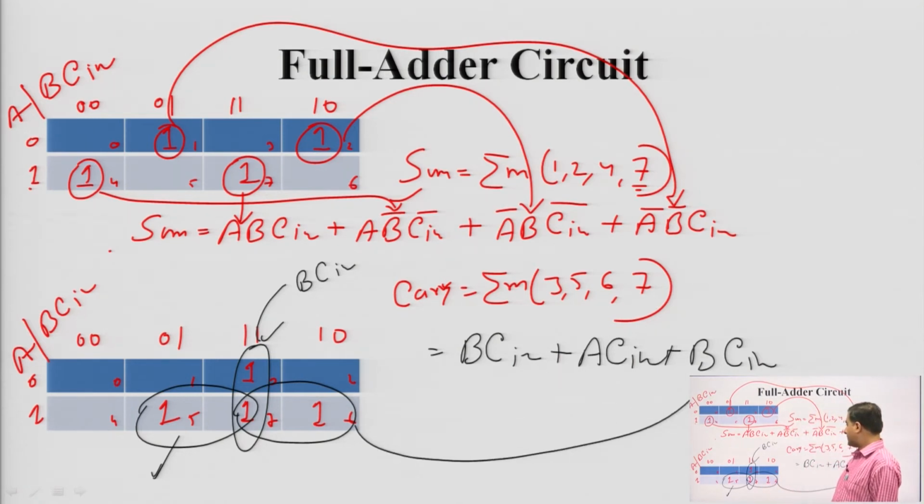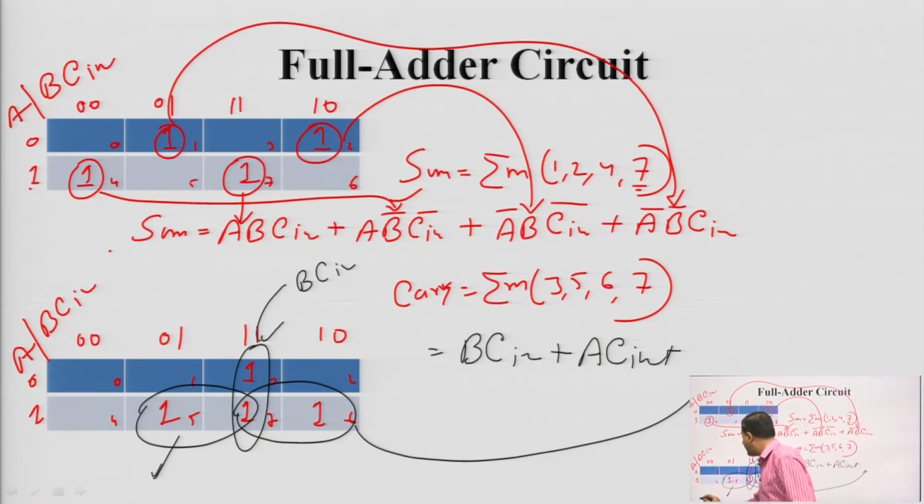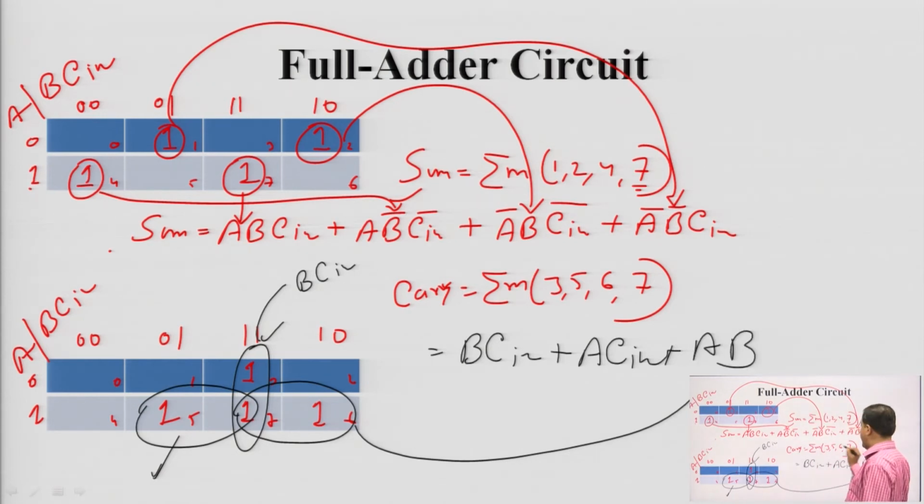Sorry, this is nothing but b c in, which we have already got, then a c in, and this will be a and b. Okay, right. So, this is the equation for carry.